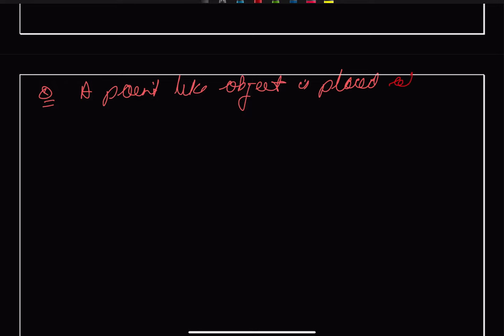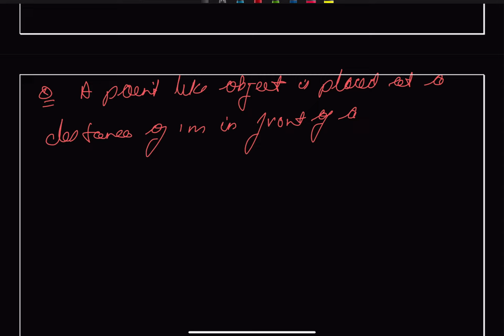Yes. So the question states that we have a point-like object placed at a distance of 1 meter in front of a convex lens of focal length 0.5 meters.